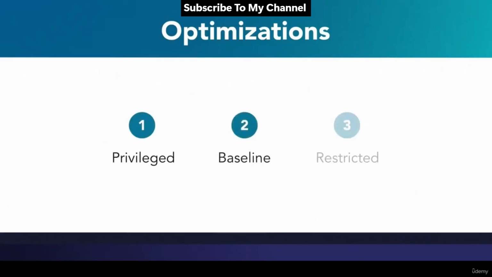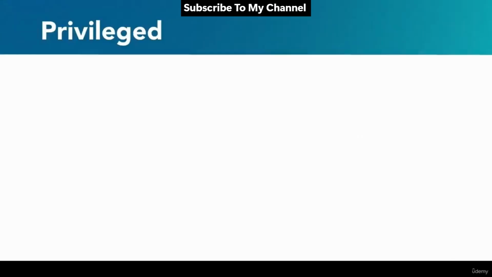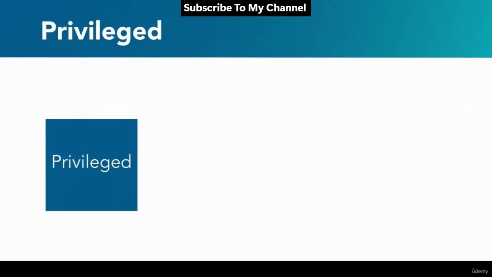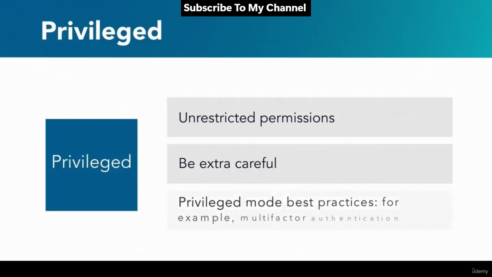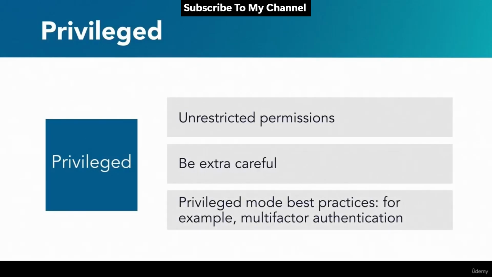Now let's jump into what is inside the standard. The standard defines three profiles: privileged, baseline, and restricted. A privileged policy profile offers the most unrestricted permissions necessary for managing workloads and performing complex system or infrastructure level tasks. When using this profile, it is important to follow the privileged mode policies of your organization, for example, requiring multi-factor authentication.